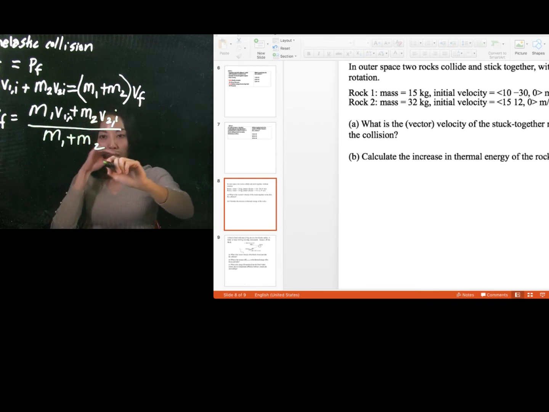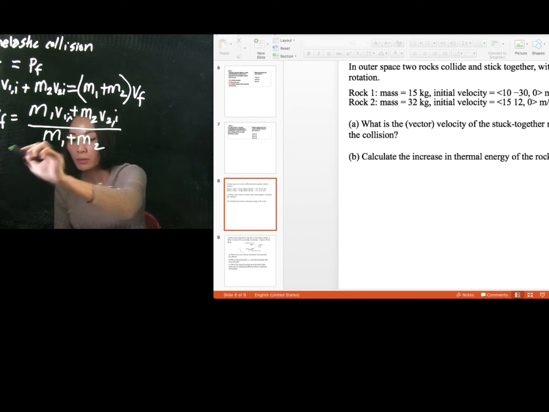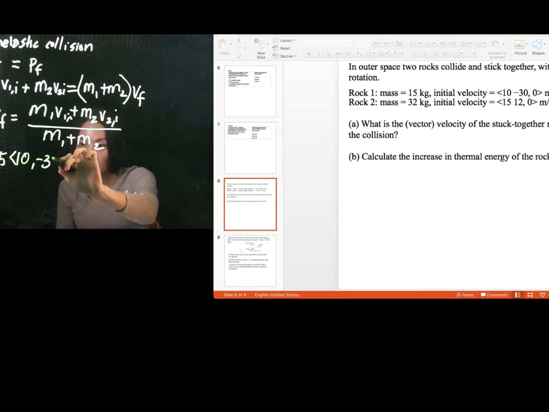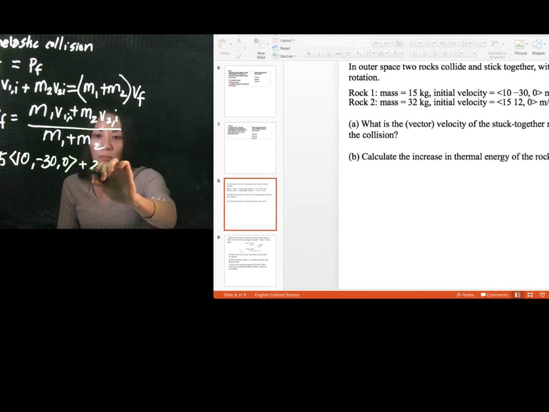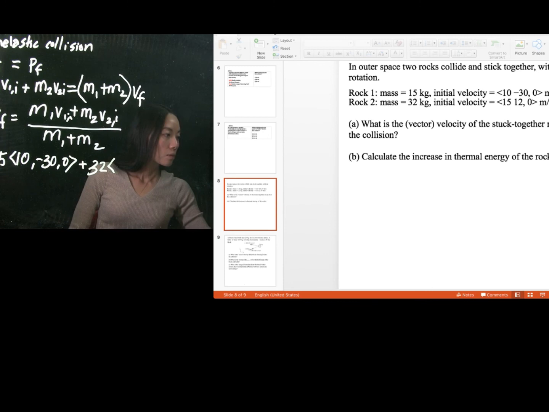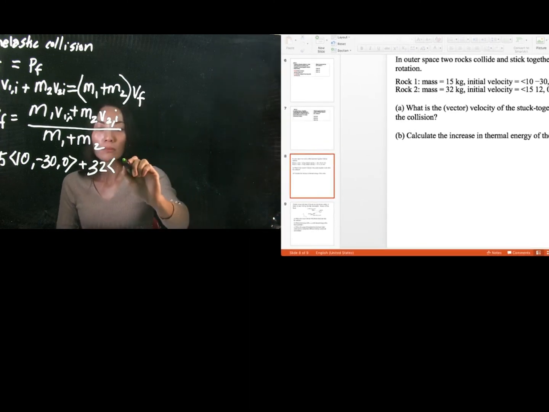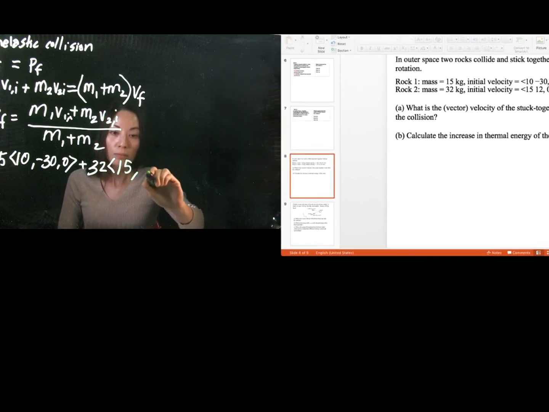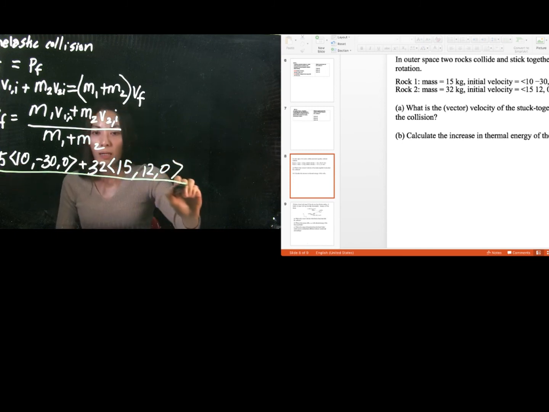So since these are vectors, we can stick in the numbers, and that's equal to 15 times (10, minus 30, 0) plus 32 times (15, 12, 0), divided by the combined masses.